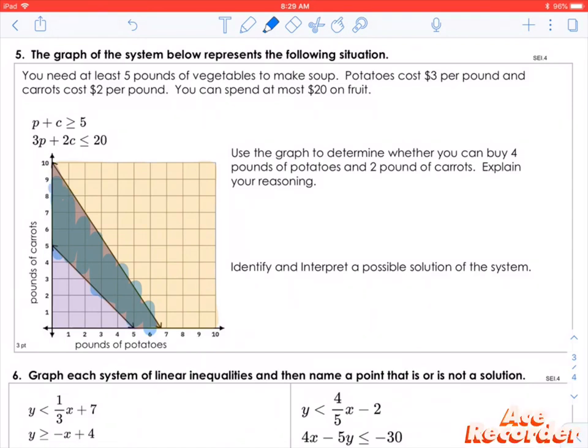That's where both of them shade, the darker part. Okay, so would 4 pounds of potatoes and 2 pounds of carrots be okay? And explain. And then it says identify and interpret a possible solution of the system. So pick another point in here and tell me how many of each food there is, so potatoes and carrots. Okay, we'll talk about that tomorrow.